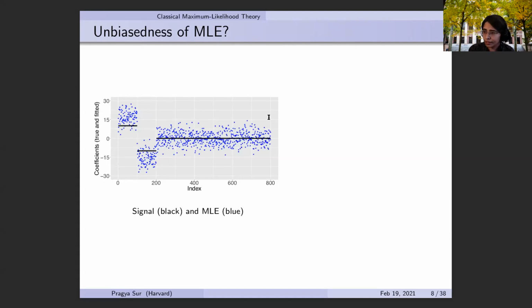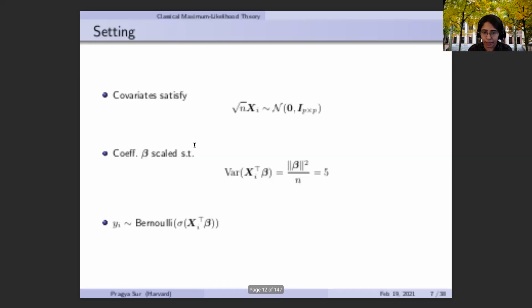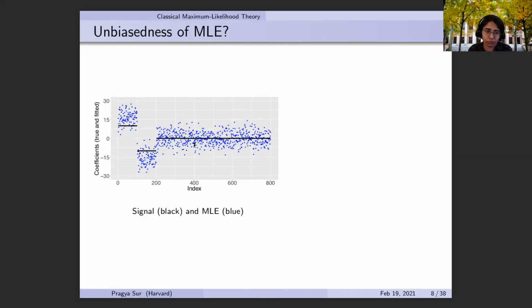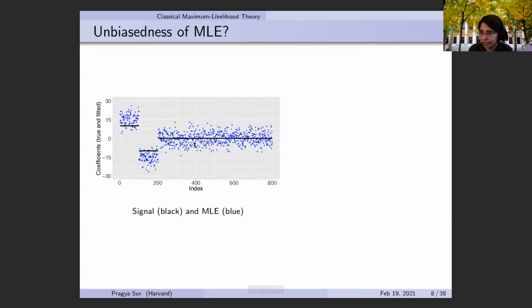And for the zero components, they are centered around 0. You could ask whether this is a special case of a single simulation run, but we can run the simulation again and again, and you will always see this phenomenon.